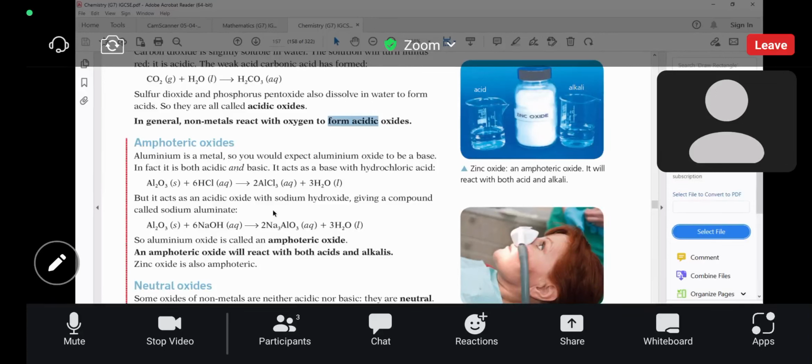Right, here amphoteric oxides, right? So we take Al2O3. An amphoteric oxide can act as both acid and base. That means it can react with both acids and bases.